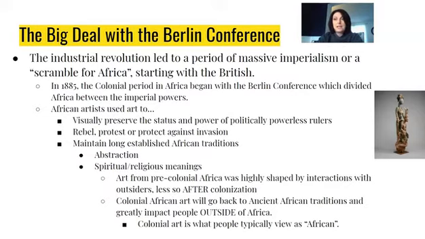So there's going to be instances where art was at the heart of some of these conflicts between Africa and the Europeans, because the Europeans very quickly realized that to these Africans, this art wasn't just decorative. It was symbolic. It was important. It was a huge part of who they were.